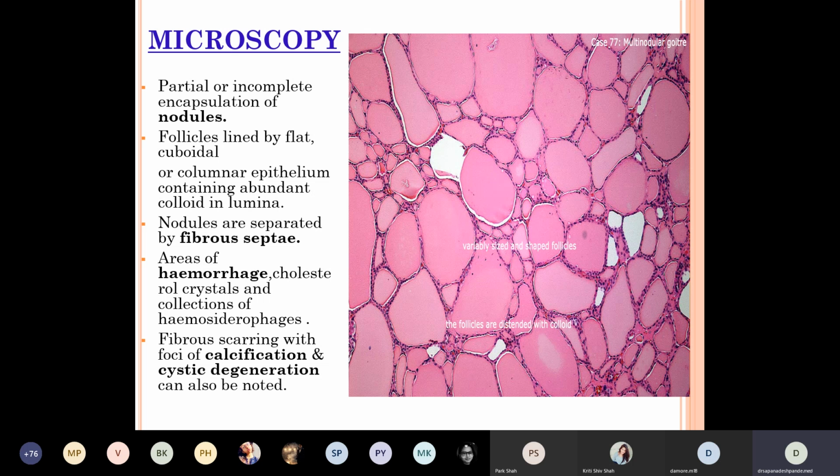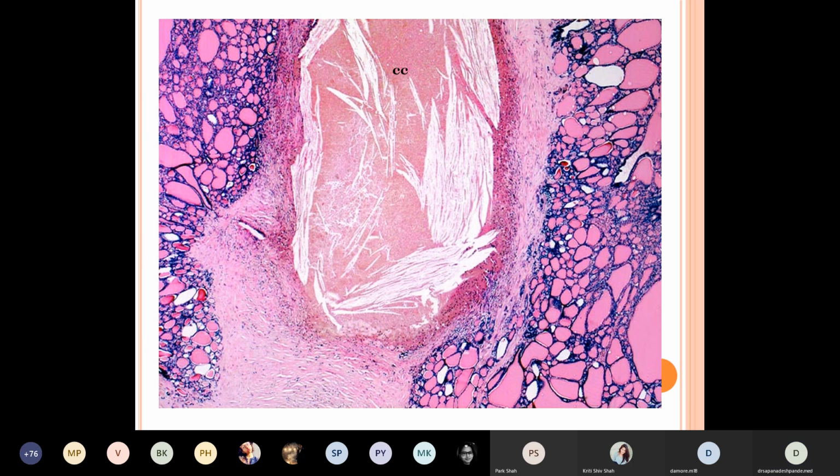What is that? Increase in size and number of follicles. This is very clear. Now this is the diagram. You can see the follicles are there, not of the same size or shape. They are variable in size and shape. And in between, you can see the fibrous band. In that fibrous band, I have written CC, that is cholesterol crystals. What are cholesterol crystals?